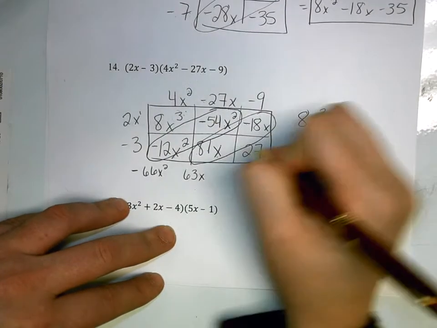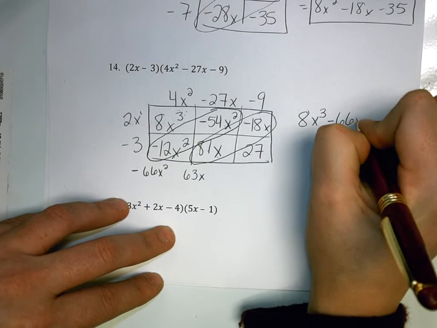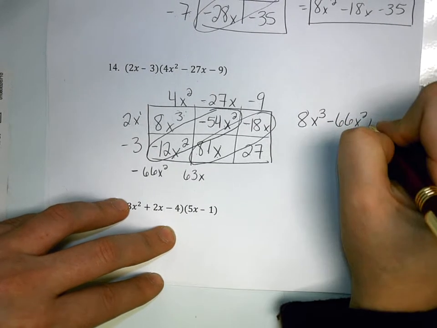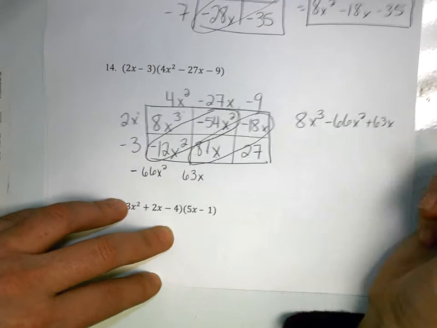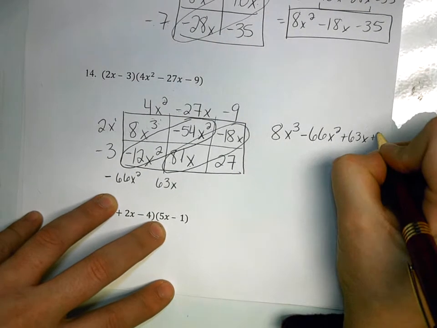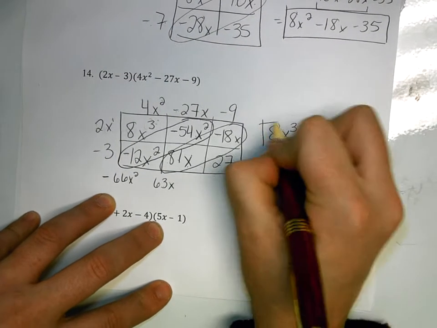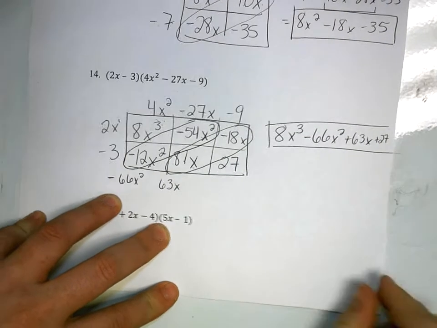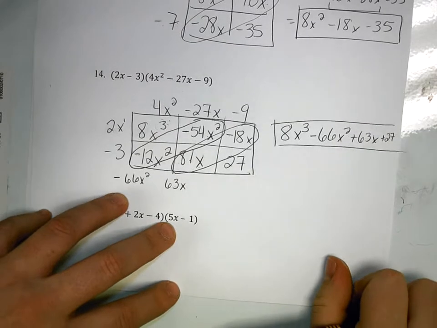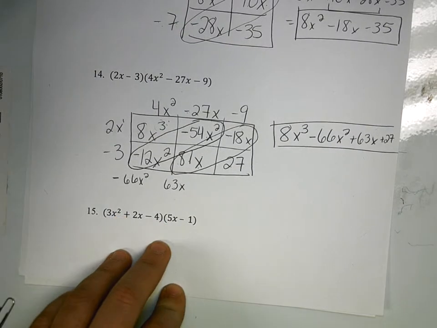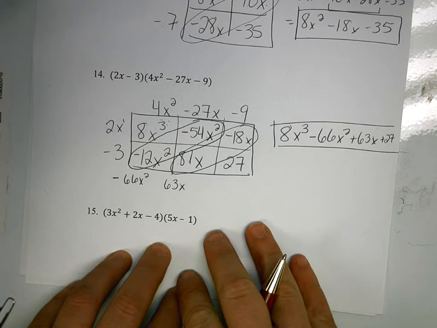I have this negative 66x squared, my positive 63x, and 27 doesn't have any like terms either, so that goes at the end. Almost ran out of room, but that is your final answer. 8x cubed minus 66x squared plus 63x plus 27.